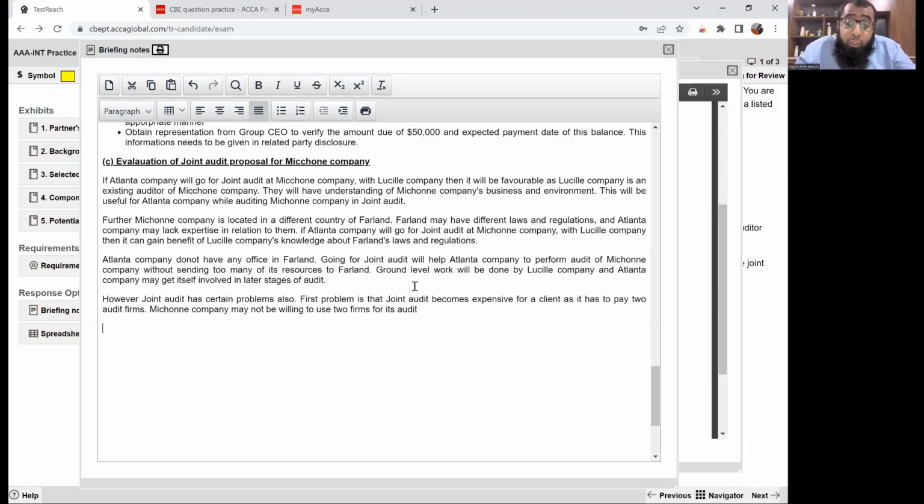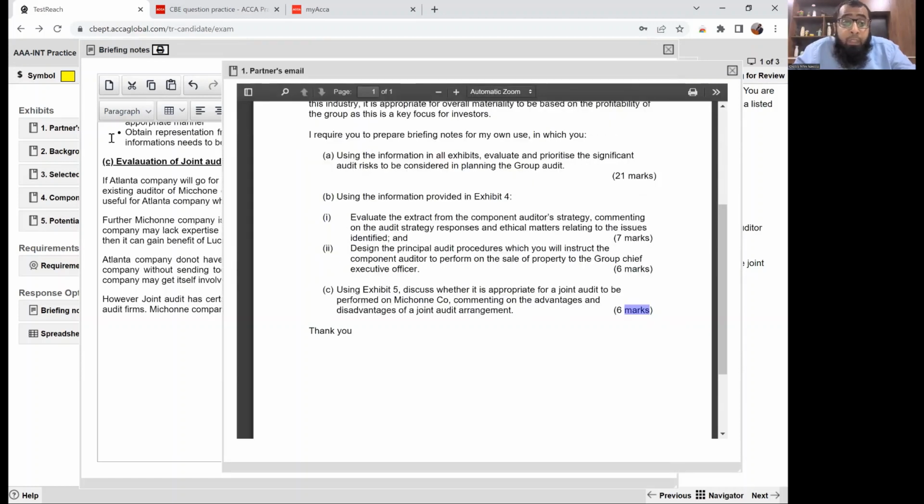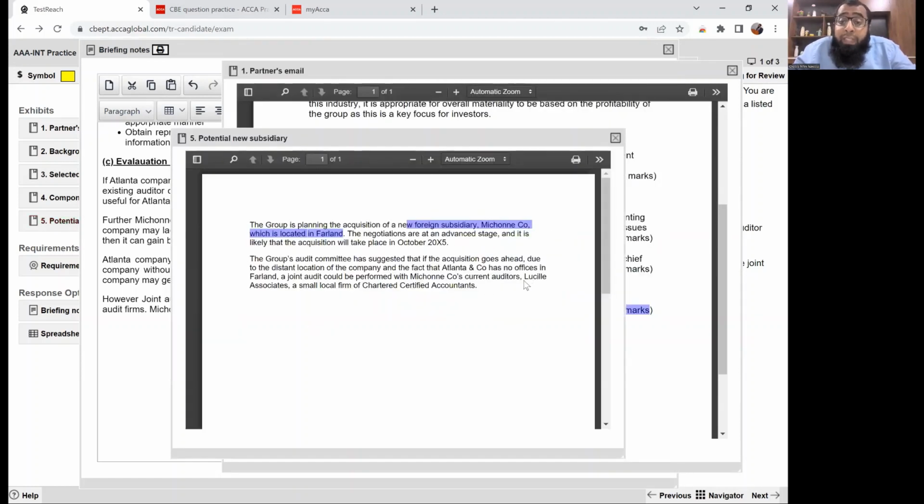Obviously, the joint audit is a proposal of Atlanta company. You can read it here. The group's audit committee, sorry, it's the proposal of the entire group. So it's not the proposal of Atlanta company, it's the proposal of the group, but still, it may become expensive for that component specifically.